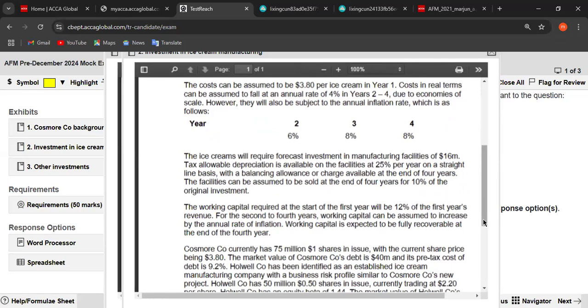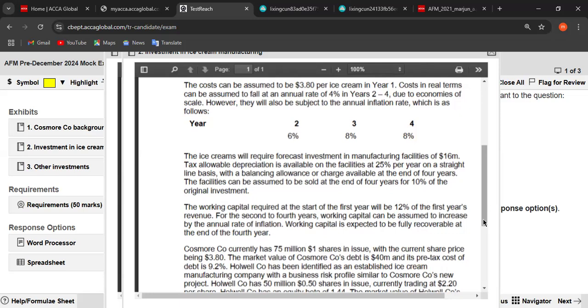So we will see that in the final year, there will be a balancing allowance or charge. The working capital required at the start of the first year will be 12% of the first year revenue. For the second to fourth year, working capital can be assumed to increase by the annual rate of inflation. Working capital is fully recovered at the end of year 4.